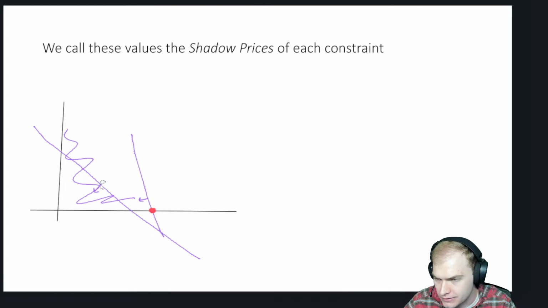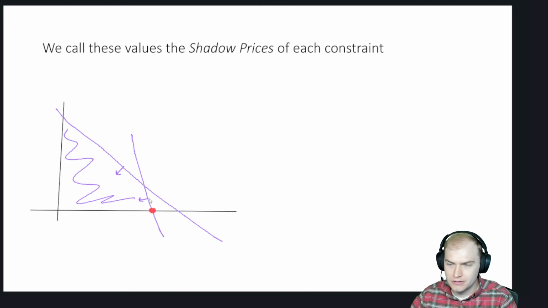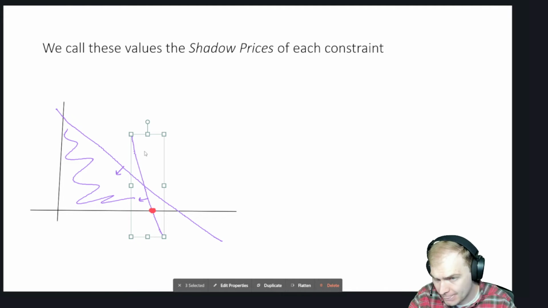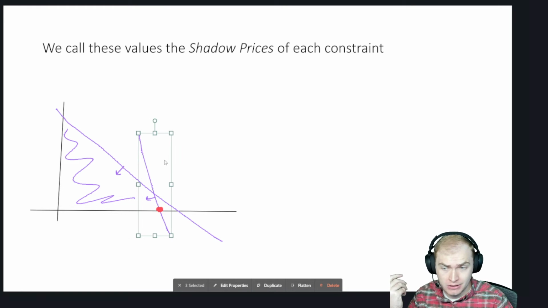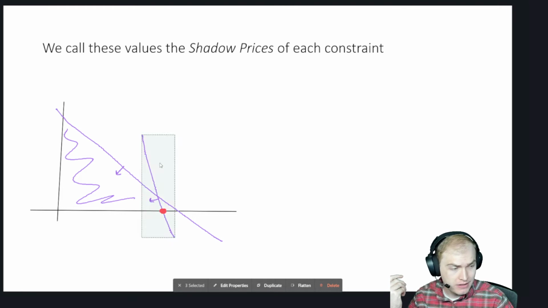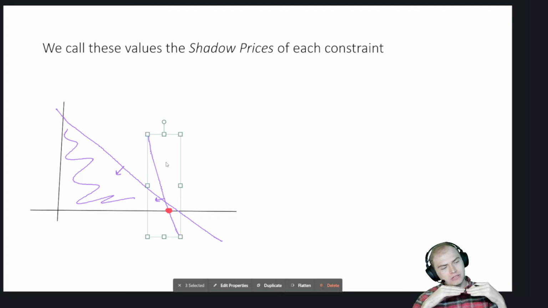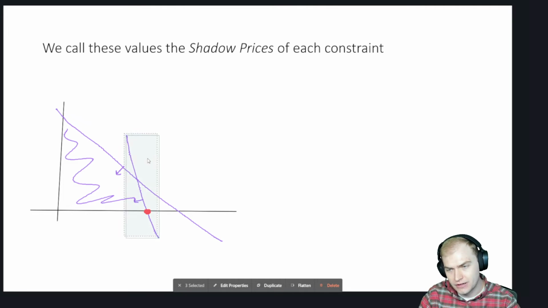On the other hand, if we are to move the constraint that it is tight to, one where the slack variable is 0, that will move the optimal solution, and it could increase or decrease the objective function value of that optimal solution.